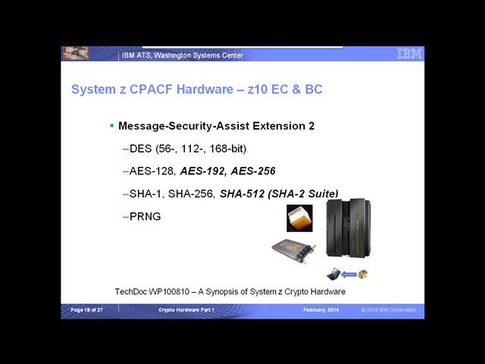We also extended the SHA algorithm so that we can now do SHA-512, which means we support the full SHA-2 suite within the hardware. So you can get the full performance impact or benefit of hashing on the CPACF hardware. Again, this is still only using clear key encryption. This is not doing secure keys.